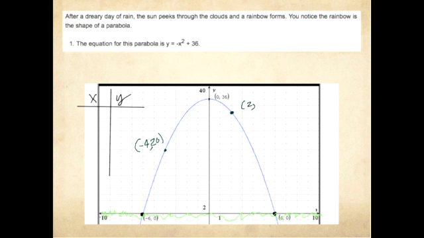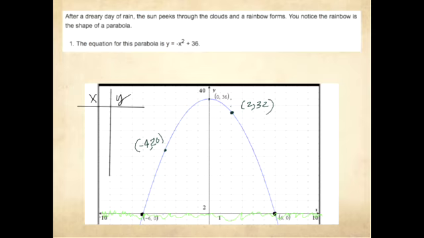Well, if this right here is 36, then this would be 34 and this would be 32. So this is 32. In other words, I'm going to say that those are the ordered pairs for where my drone passes the parabola, the rainbow.